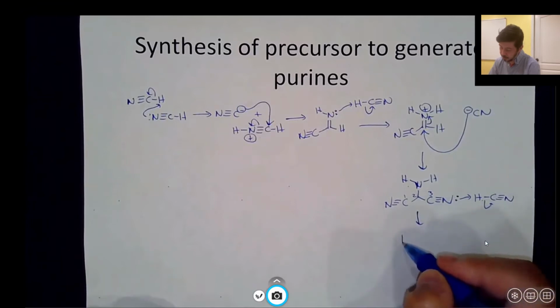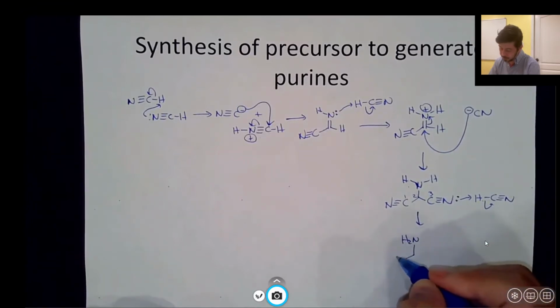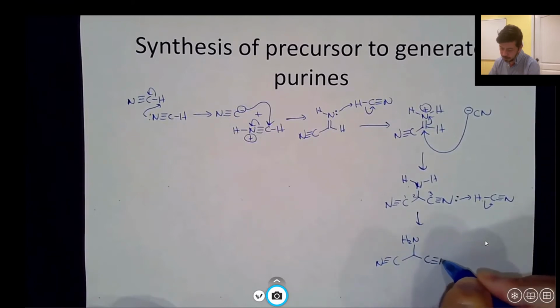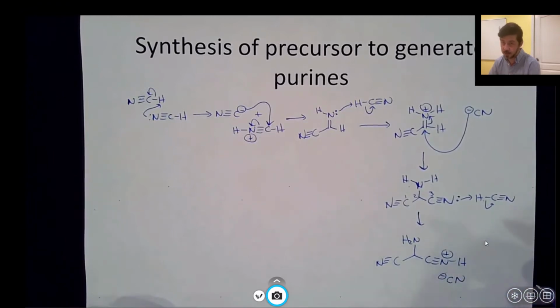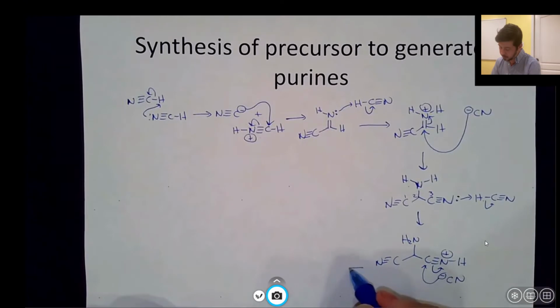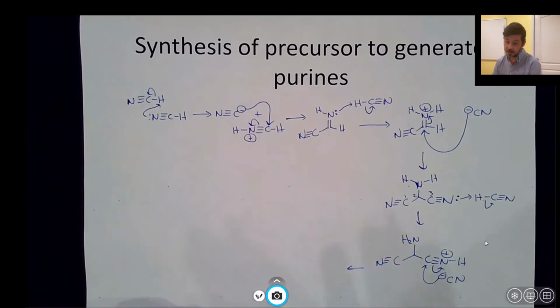This will come down, and you might be saying, well, where is this guy going with the synthesis, right? Like, what am I doing? So this will come back and react. And in a second, I'll show you what our target molecule looks like. Based on computational models, it is one of the precursors to make adenine. So a little bit more on that in a second. Just bear with me.